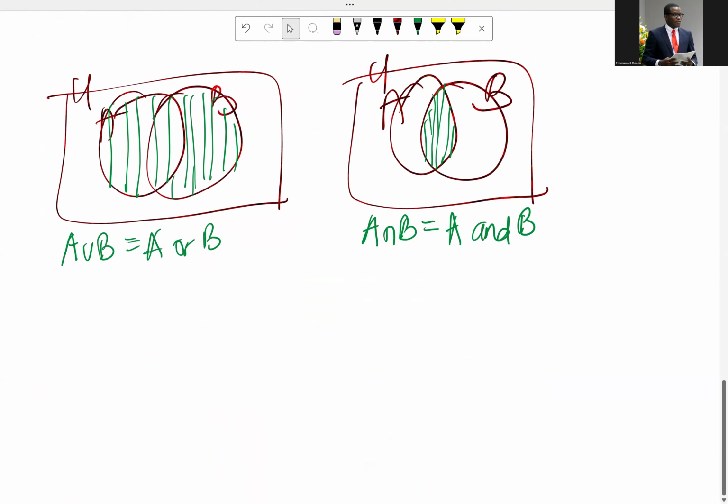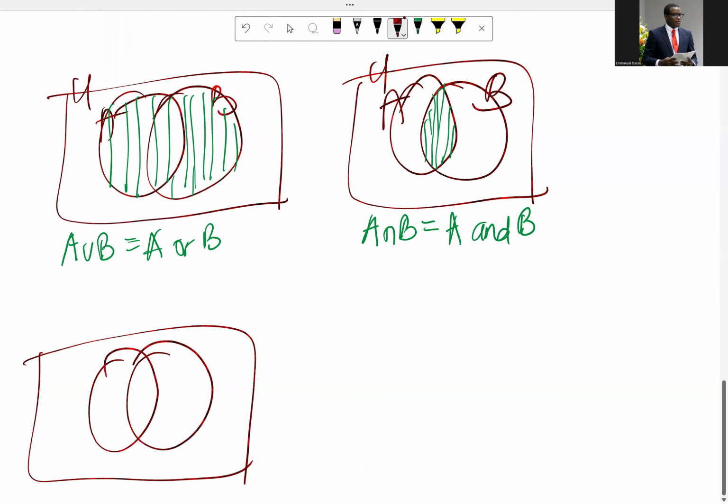Okay. So let's see. We have this again. This is A, this is B, and this is the universal set. You know that if we shade the outside, I'm very careful not to allow the lines enter territories I don't intend them to enter.